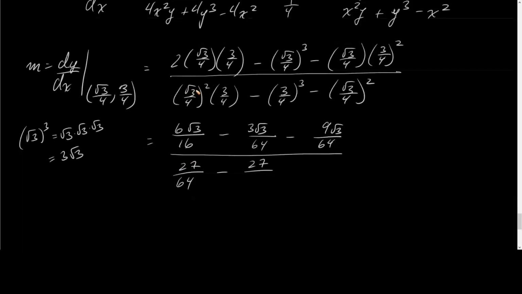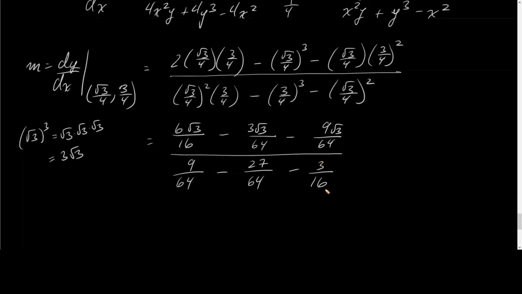Radical 3 squared is 3, because it would be radical 9, and radical 9 is just 3, so 3 times 3 is not 27, 3 times 3 is 9, so 9 over 64. All right, good, everything's great with the world now. 3 cubed, 27, 4 cubed, 64, radical 3 squared, 3, 4 squared, 16.